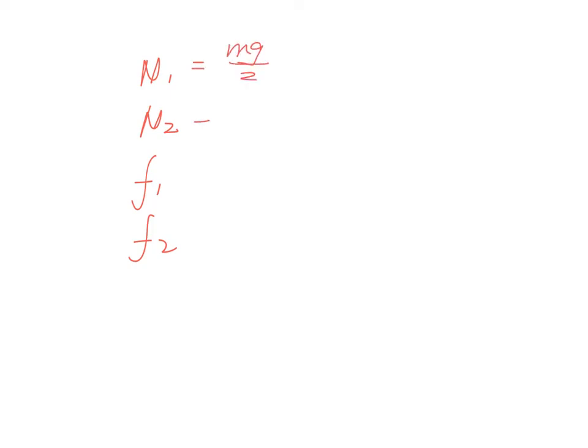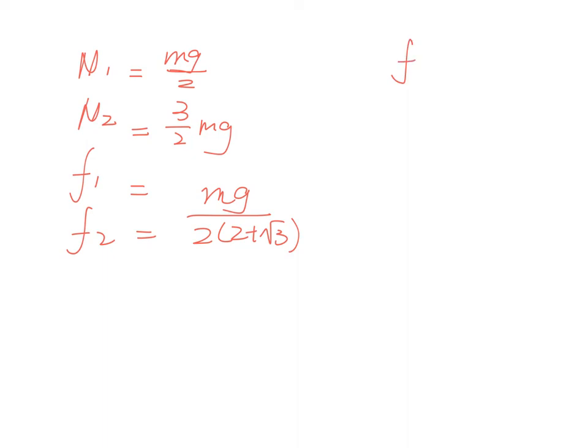And N2 is the normal force between the cylinder and the ground, which equals 3 over 2 times mg. And F1 and F2 are the same, so they equal mg over 2 times (2 plus square root of 3).